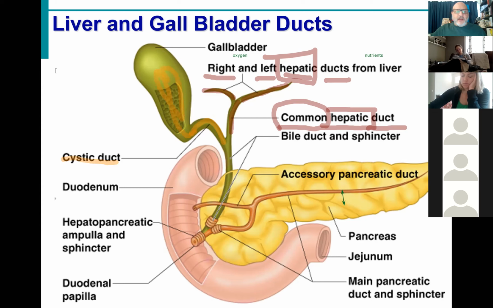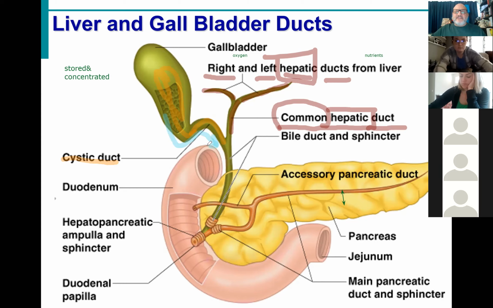And as we talked about, not only will it be stored, but it will also be concentrated here in our gallbladder until it's needed. With the help of cholecystokinin, our gallbladder can constrict, and when it constricts, that bile will then come out of the cystic duct.